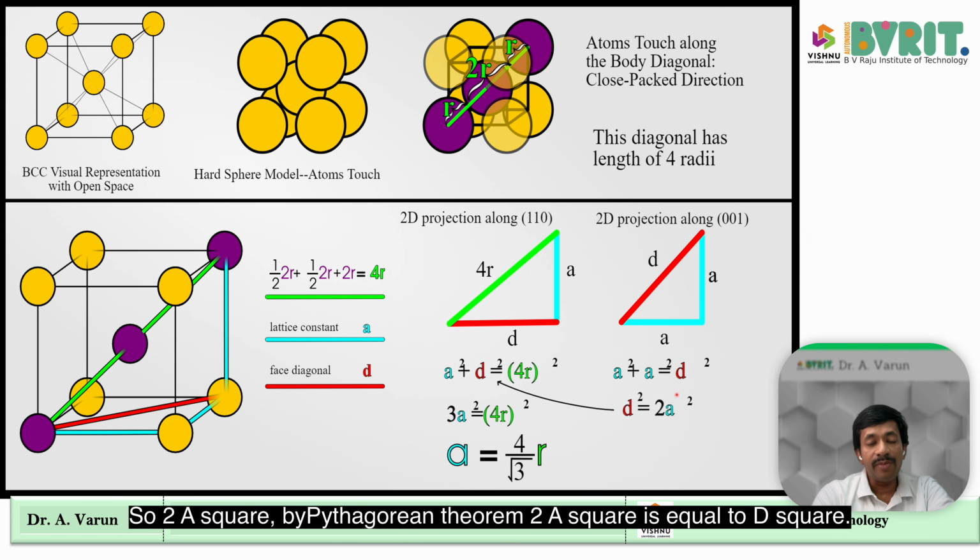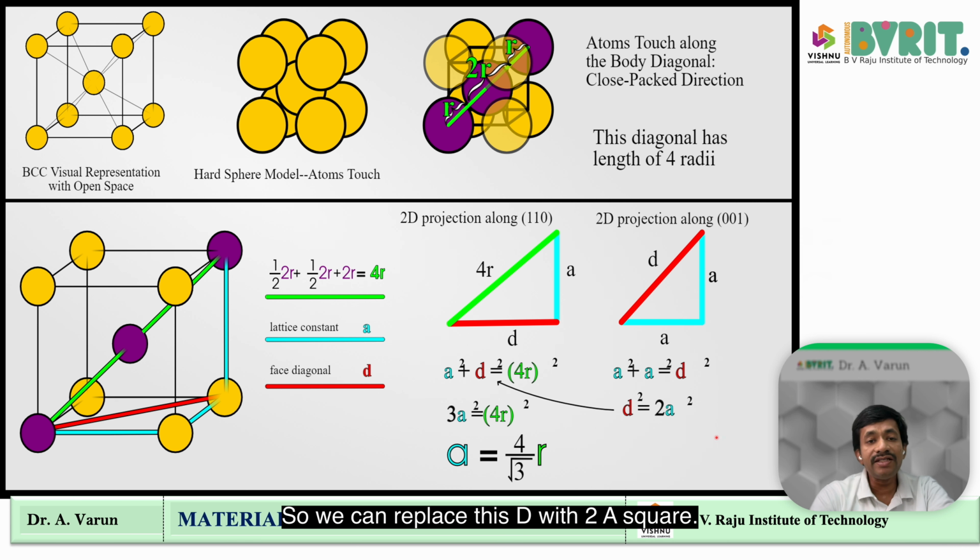So then it will be 2A square, by Pythagoras theorem, 2A square is equal to D square. So we can replace this D with 2A square. Now the new relationship here is A square plus 2A square is equal to 4R square.